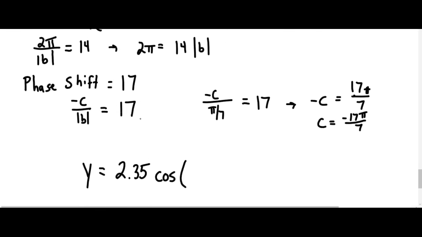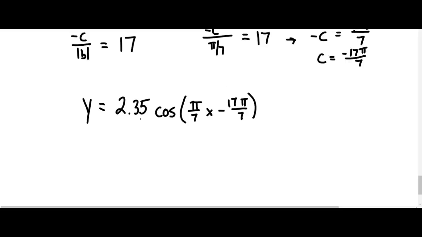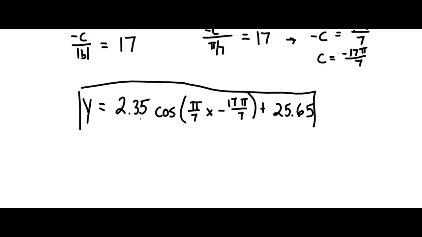So pi over 7 is our b value, times x. And then our phase shift ended up being minus 17 pi over 7. And then finally, our last value is that vertical shift we found, which we're going to have to add, 25.65, to translate into our values. And that's how you find the function based on sinusoidal data.